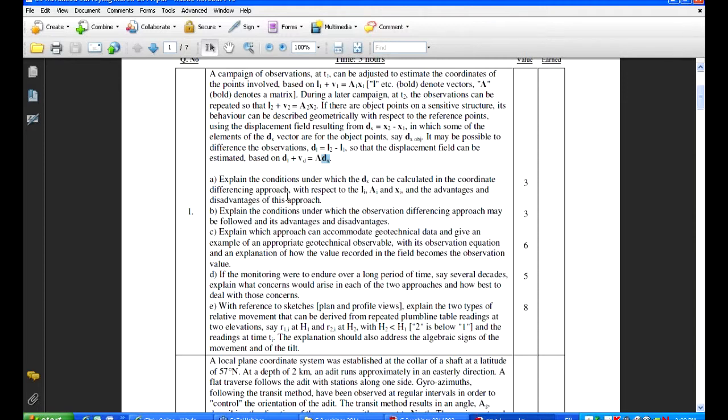And that's basically dealing with Part A. What are the advantages? Well, if we go into it, in order for an individual campaign to be adjusted, we have to have configuration to do that. So that means every point has to have at least enough connections to be able to calculate the coordinate values. We can't have any hanging points at all. No configuration defects, as they call it.